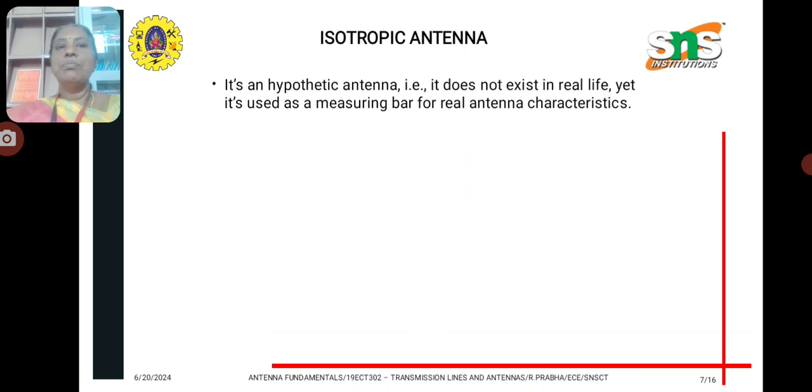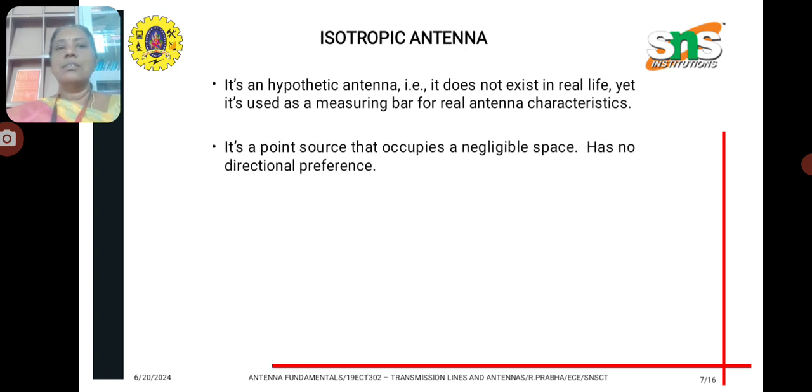A very important concept in antenna is the isotropic antenna. It is a hypothetical antenna. It does not exist in real life. It is used as a measuring bar for real antenna characteristics. It is a point source that occupies negligible space and has no directional preference.